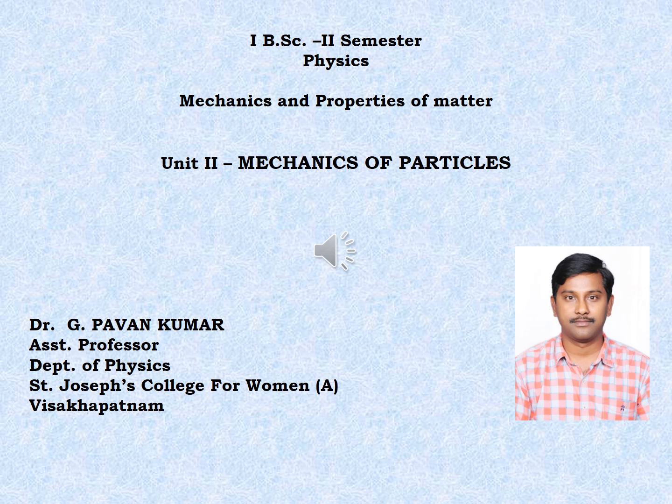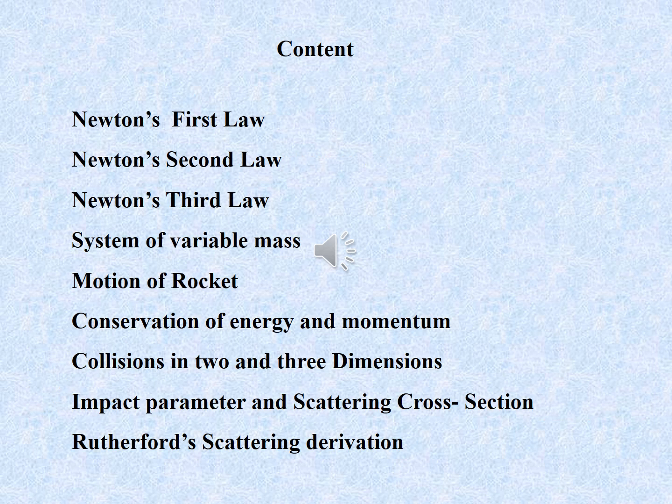Here we are discussing the first BSc second semester Unit 2. Topic name is Mechanics of Particles. Content of the second unit: Newton's first law, Newton's second law, Newton's third law, system of variable mass, motion of rocket, conservation of energy and momentum, collisions in 2 and 3 dimensions, impact parameter and scattering cross section, Rutherford's scattering derivation.